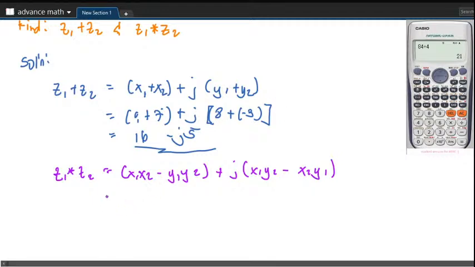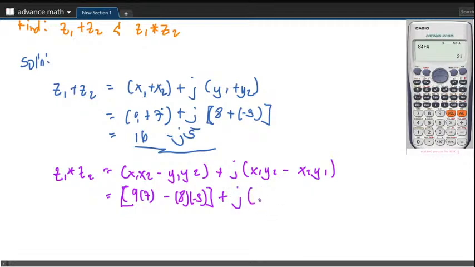So we have our x sub 1, that will be 9 times 7, minus our y sub 1, that is 8 times negative 3, plus j.